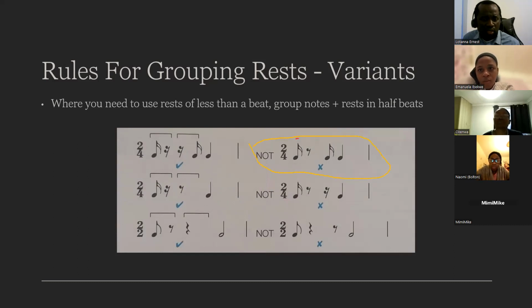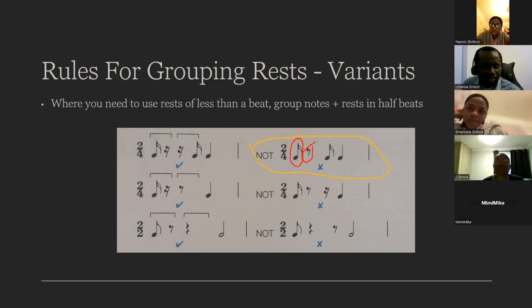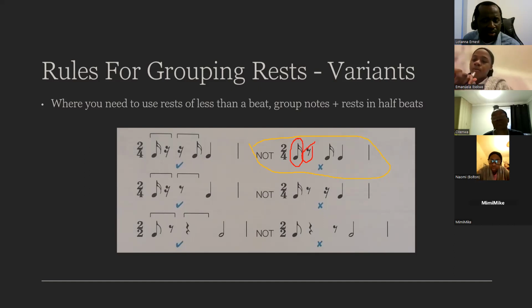If you look at these notes, what note is this? Semiquaver. What rest is this? Quaver rest. So you see, they said every note must have its own rest. This note is not having its own, so this rest is not supposed to be for this note. So what you need to do is break this rest into 2 so that you end up having a semiquaver rest like this.